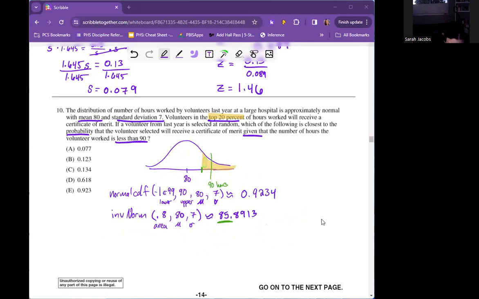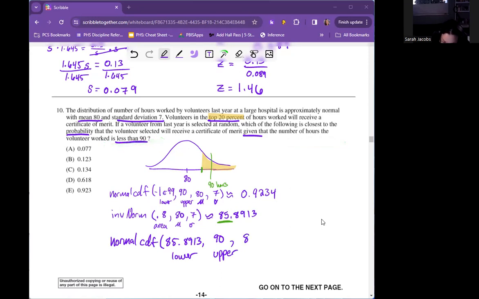Trusty friend, normal CDF. This time, our lower bound is going to be this, because we want the area between 2 points on the normal curve, not just from 1 point and up or from 1 point and below. So I'm going to put 85.8913 as my lower. I'm going to put 90 as my upper, because we want to know, given that the number of hours worked is less than 90.